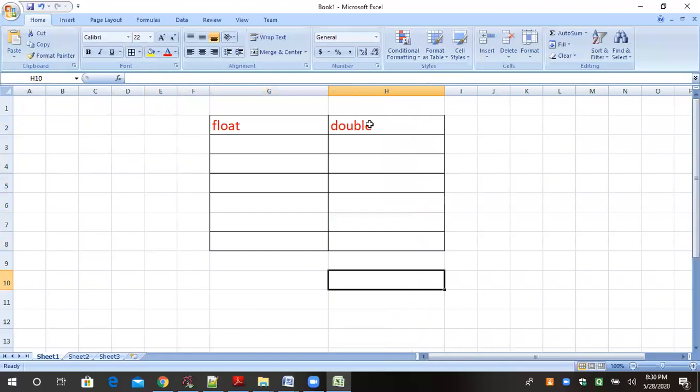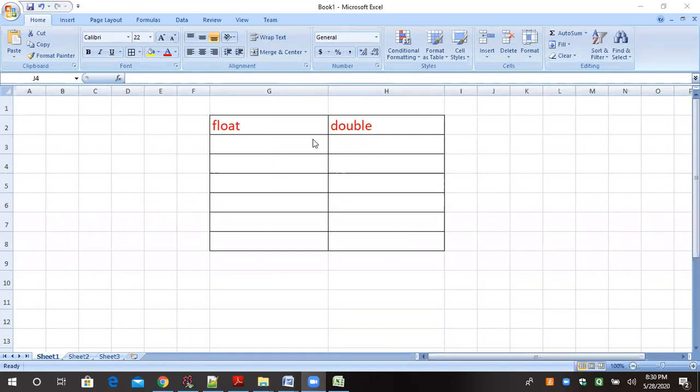Float and double both can be used to hold fractional data. Very good. So if both can be used for fractional data, then what is the purpose of creating 2 different data types?